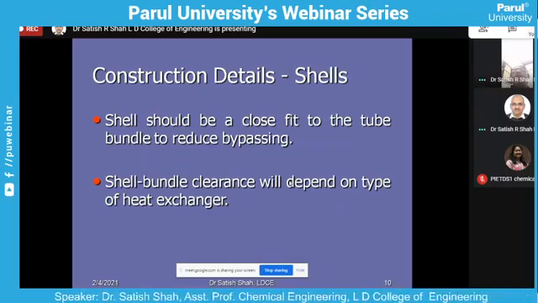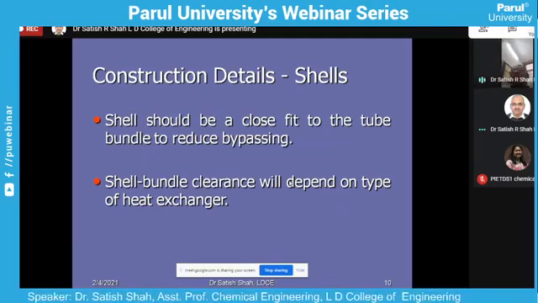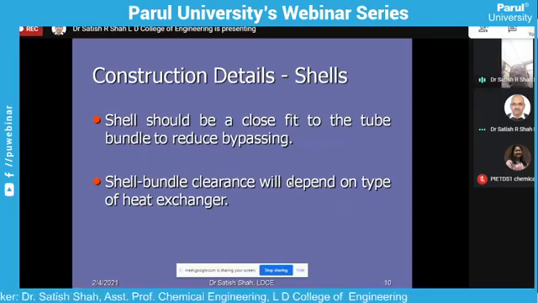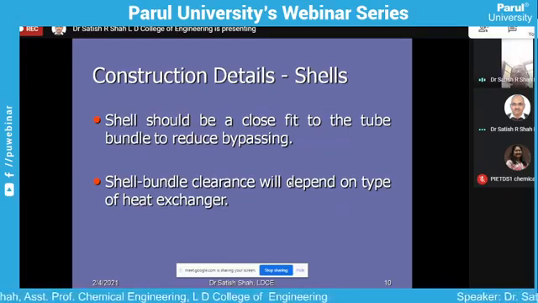All right. Then shell bundle clearance will depend on the type of heat exchanger. I told you that if you want to remove the bundle, then you have to keep slightly more clearance, and for a fixed tube heat exchanger, you can keep slightly lower clearance.